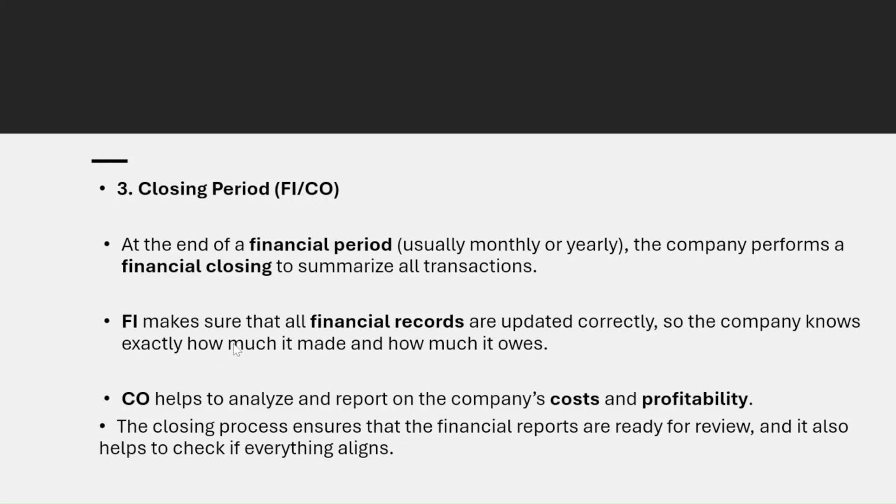Everything can be tracked and seen properly. The client can see each and everything, like how much we have made and how much we owe. And CO helps to analyze reports on the company's cost and profitability, like how much cost is there and how much profitability is there.